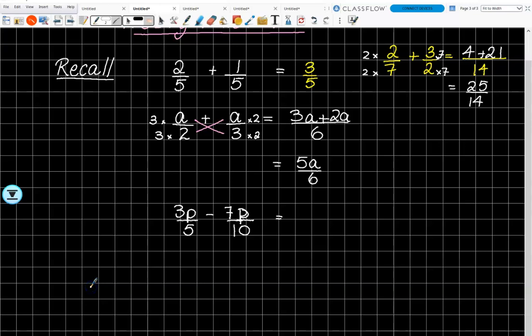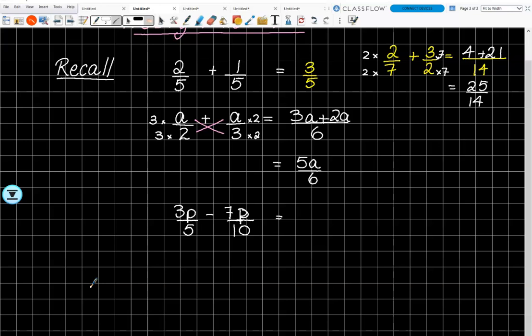Okay, now we're looking at the next one. You can make this less work, or you could make it more work. Is there anything that you notice about 5 and 10? 10 is divisible by 5.